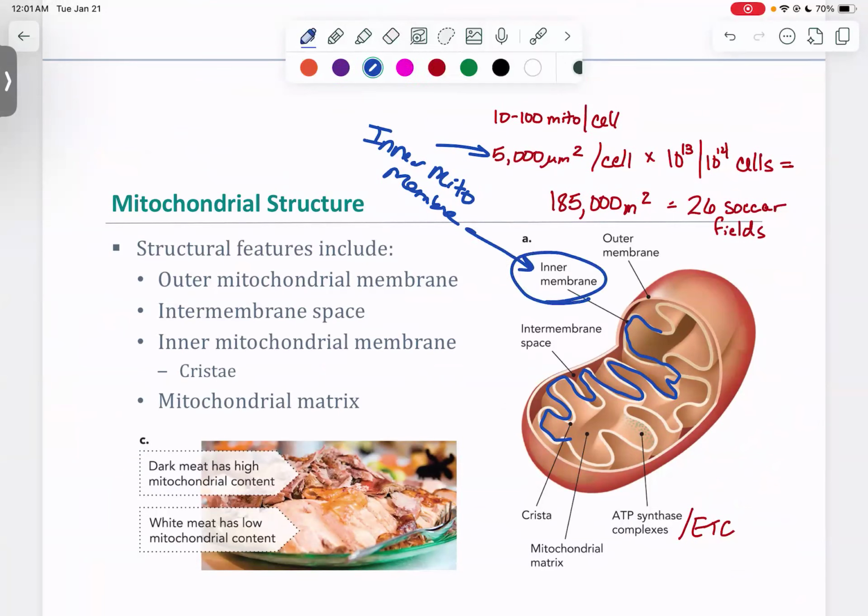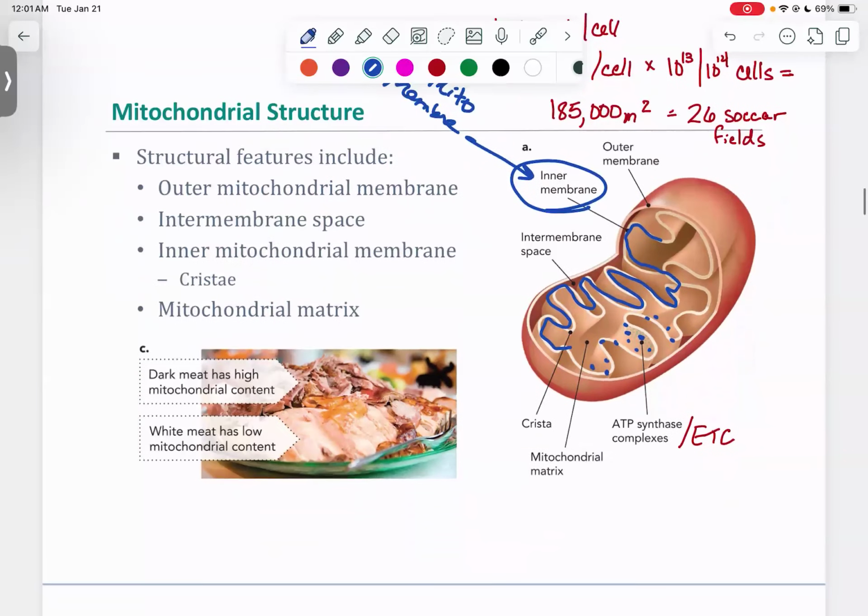Like, good Lord, that's a lot. That is extensive, not cell surface area, mitochondrial intermembrane surface area. So that's where all of these ATP synthase molecules and electron transport chain molecules are all embedded in this membrane. So you have a ton of them.